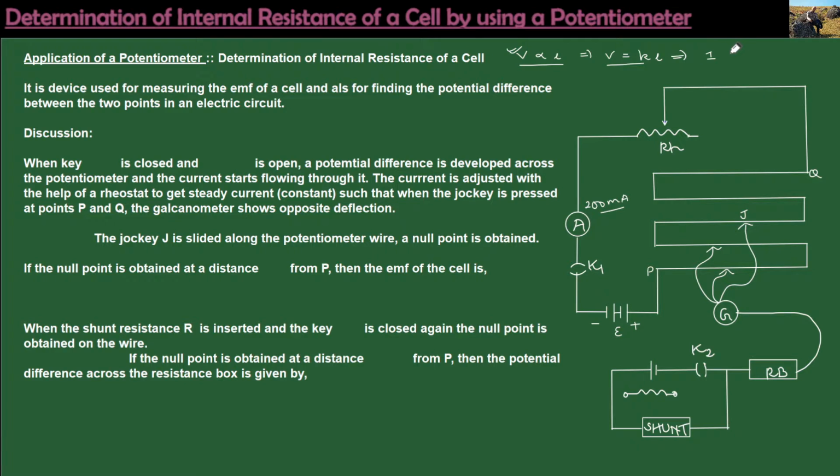In case of a potentiometer, the current should be maintained constant. That is why a steady current should be supplied through the potentiometer wire in order to find the potential across the two ends of the wire. So those are some of the important points that we have learned.